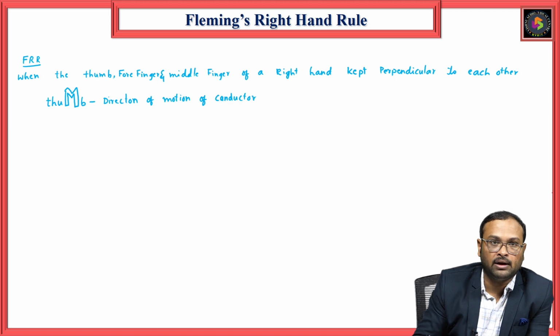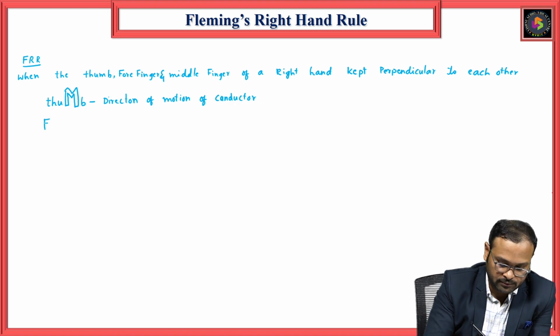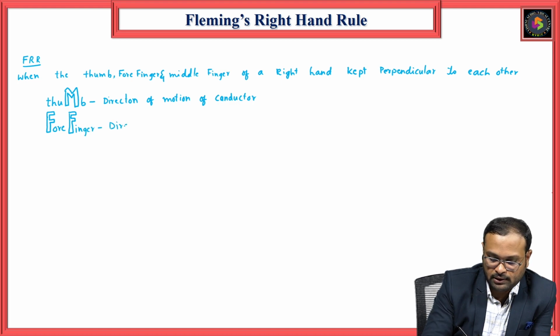So which side it is moving. And next one is forefinger. Forefinger shows the direction of field flux. And what is left?